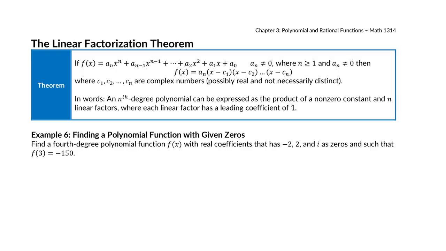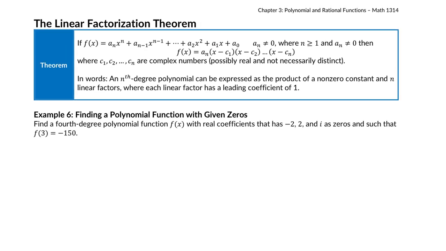In words, an nth degree polynomial can be expressed as the product of a non-zero constant, a number in front, and a particular number of linear factors where each linear factor has a leading coefficient of 1. We're going to start with the zeros, end with standard form.